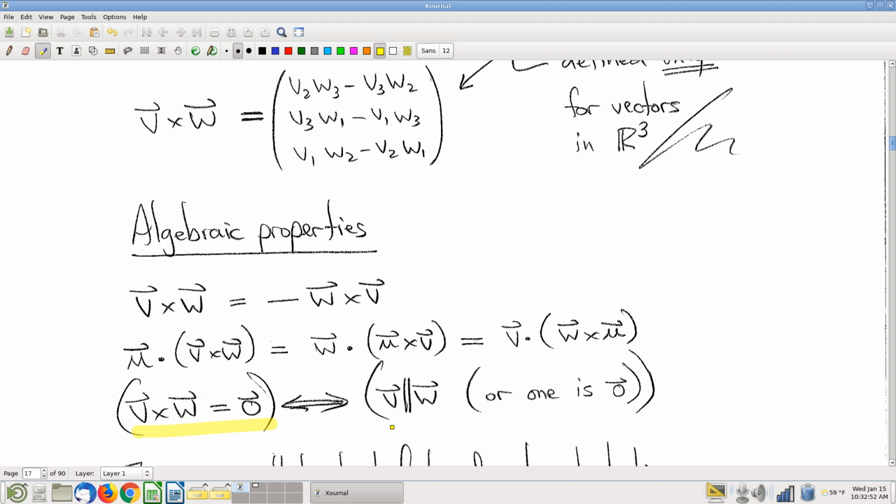Another way to say it, a little more elegantly, a cross-product version of the orthogonality word that we came up with, is that when the cross product is equal to 0, one of the vectors is a multiple of the other.